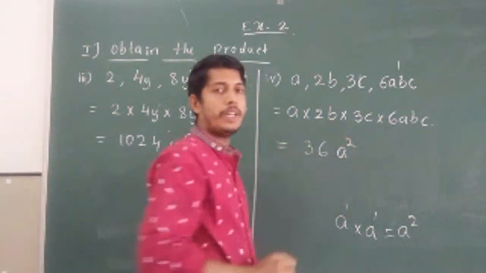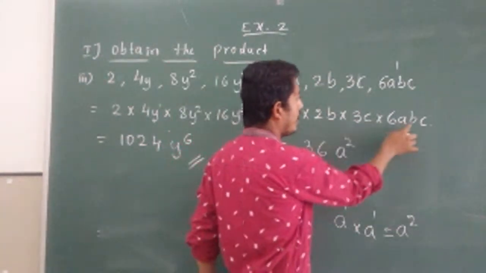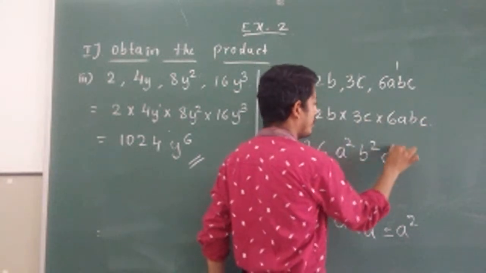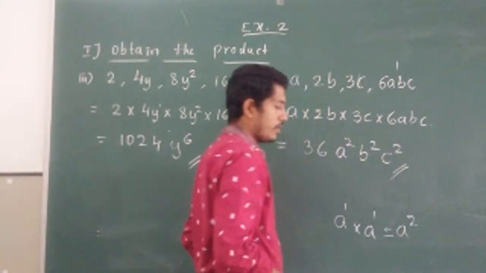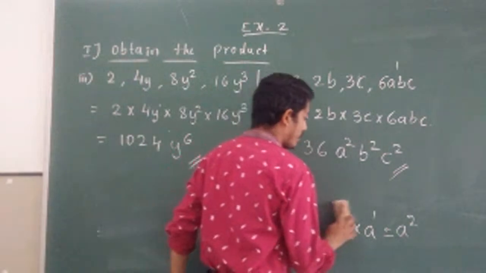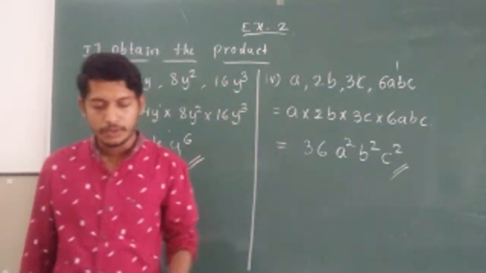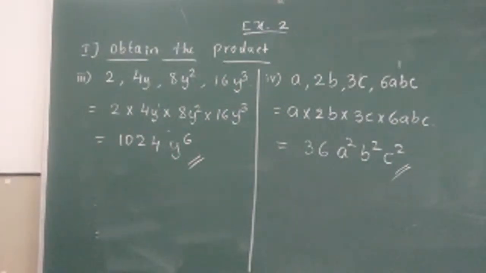Next we will go for b. B here becomes b square. Then the third term c. Therefore the answer becomes 36 a square b square c. Just verify this with your answer.